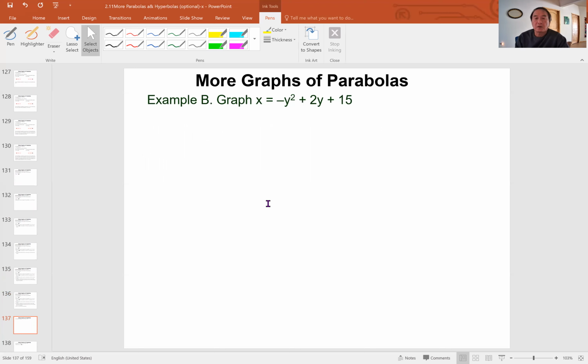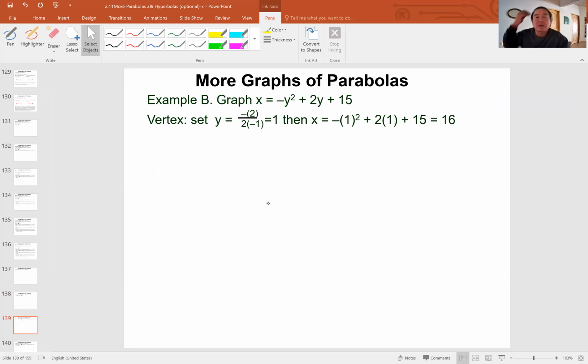Here's an example. Where's the vertex? Minus b over 2a for the variable y. So y has to be minus b, which is 2, over a, which is minus 1, so y is equal to 1. Plugging 1 in for y, then x must be 16.